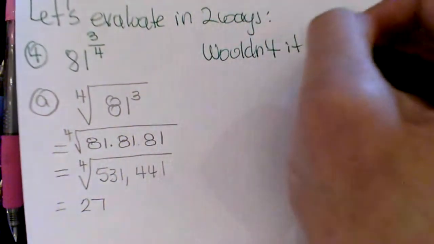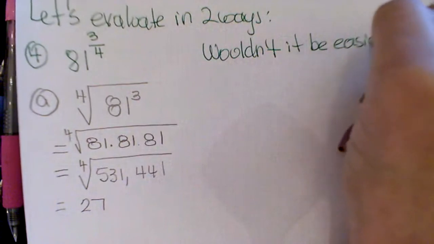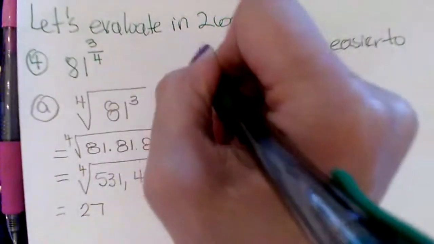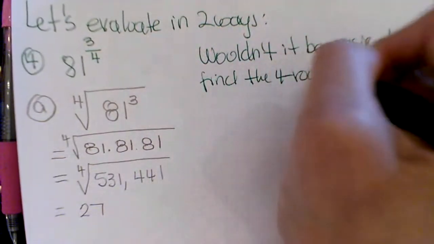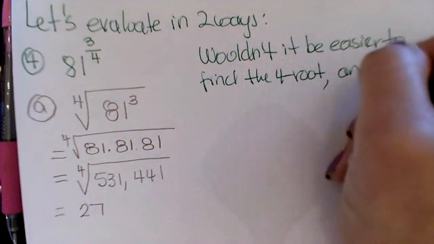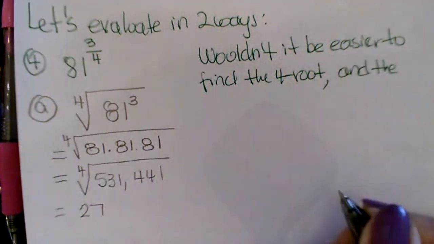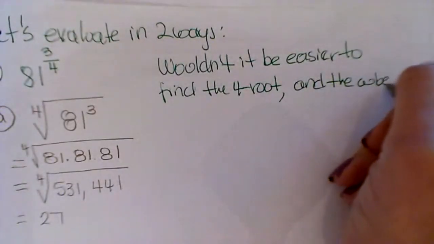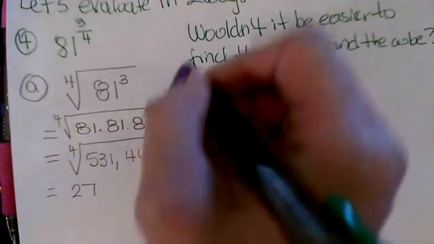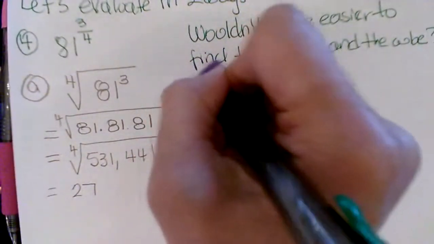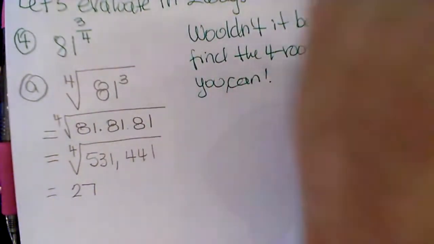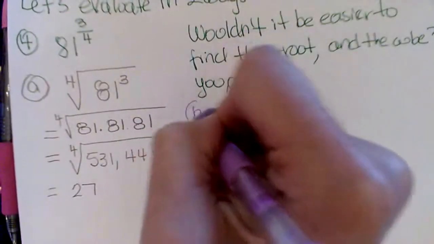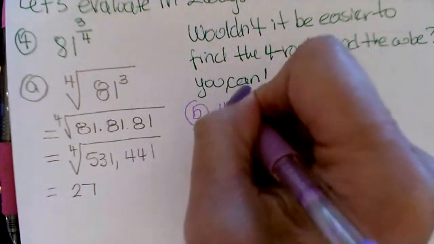Wouldn't it be easier to find the fourth root and then cube? Yes, we can. And let's do it.